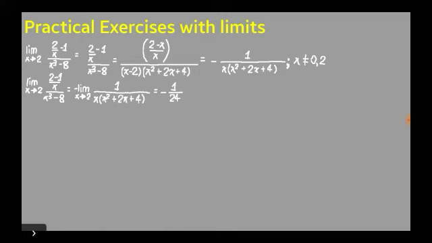Factorize them and it becomes correct. Then minus 1 over x times x squared plus 2x plus 4.